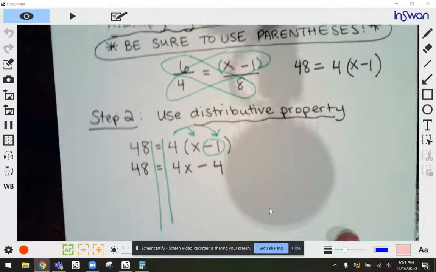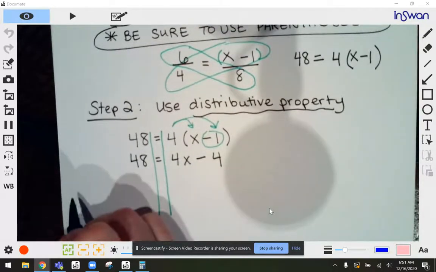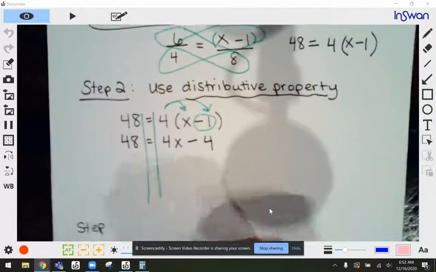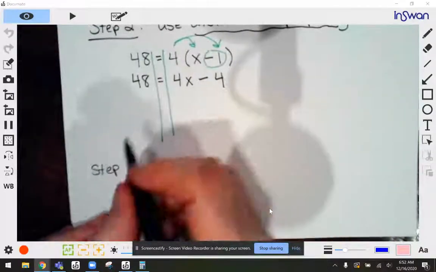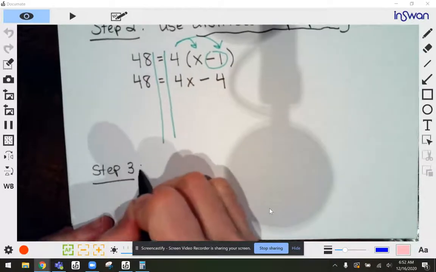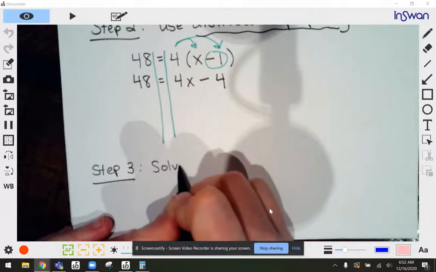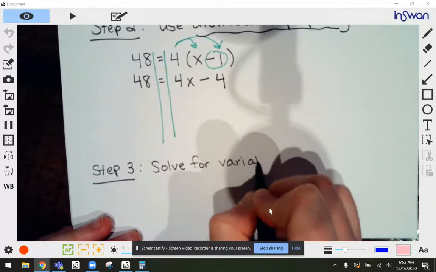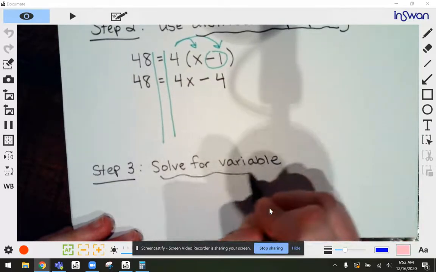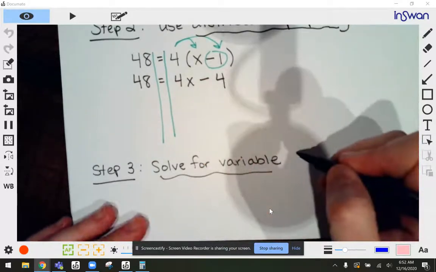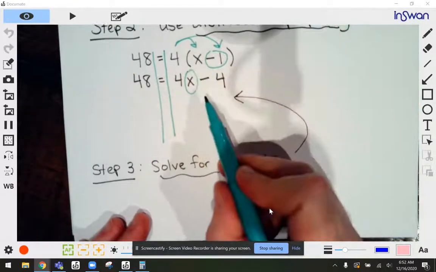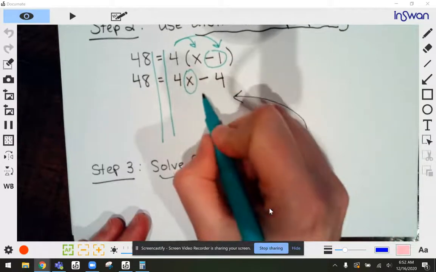Okay? And then step 3 is going to continue to solve for the variable. Okay, and I made my bars a little too long, so step 3 is going to go right here, and we're going to continue solving there. So circle your variable, think about inverse operations, getting rid of the constant first.